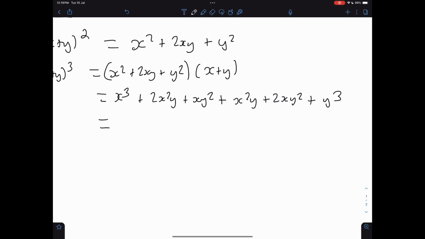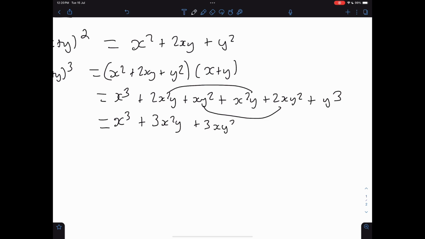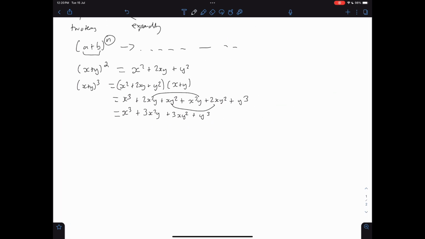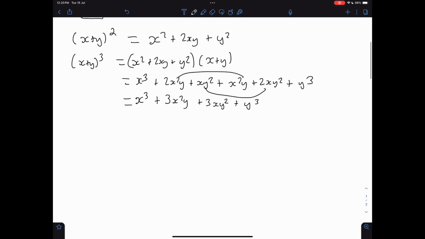And then what you need to do is collect the like terms to simplify. So the x squared y and the x squared y match, so you add them together. Yeah, those match, so you add them together. And you've just got a y cubed on the end.